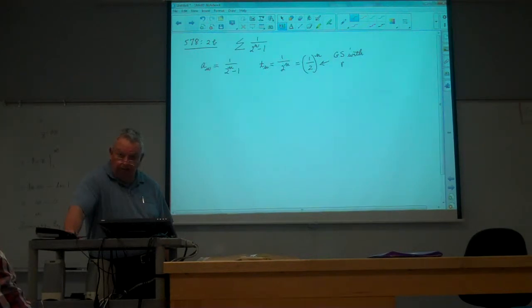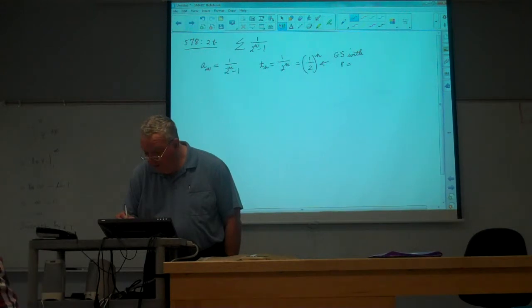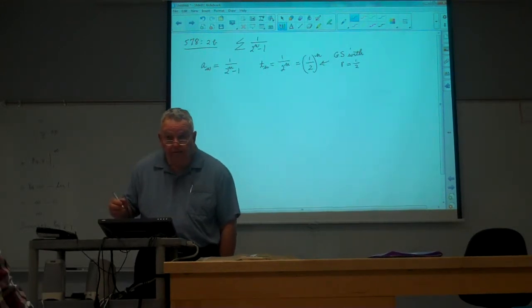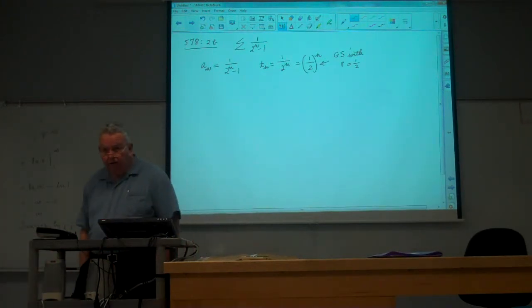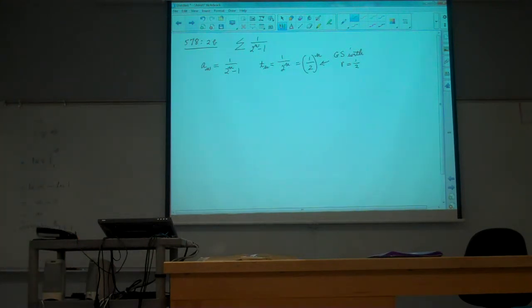R is 1/2. Is that right? Does that converge or diverge? Converges. It converges? Is that right?